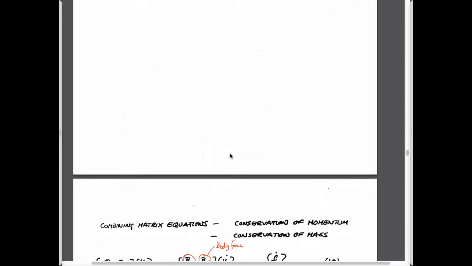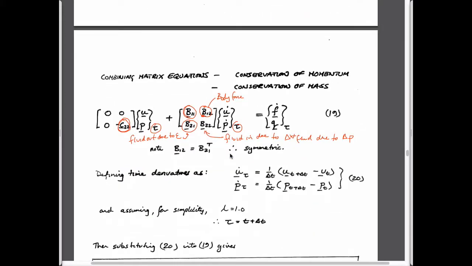So I won't derive it, but you can see that actually it's a symmetric matrix. As a result, the matrix equation, kind of surprisingly I think, is still symmetric.